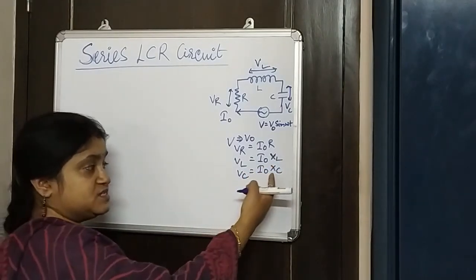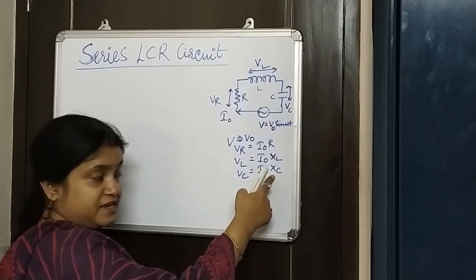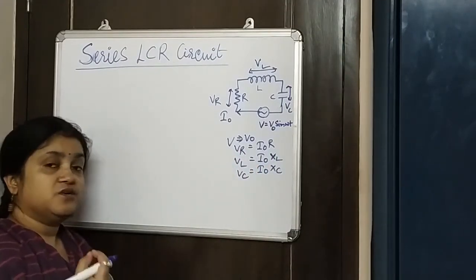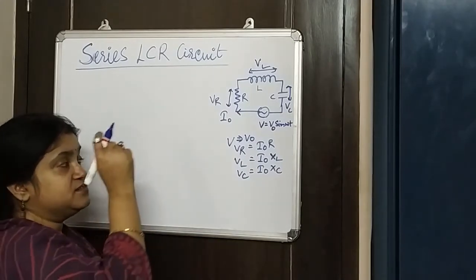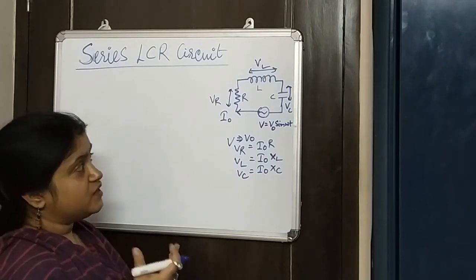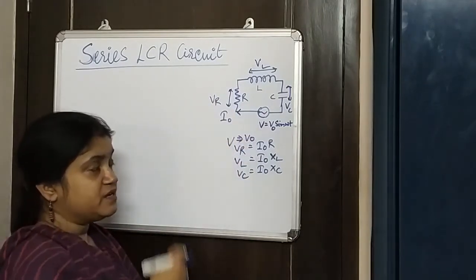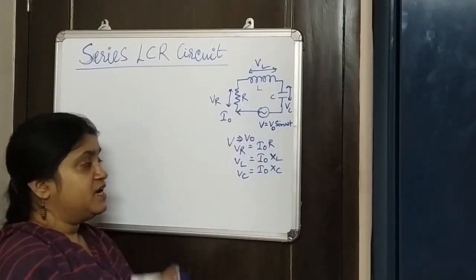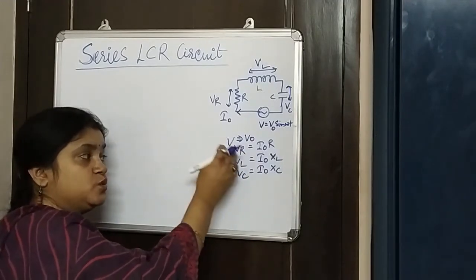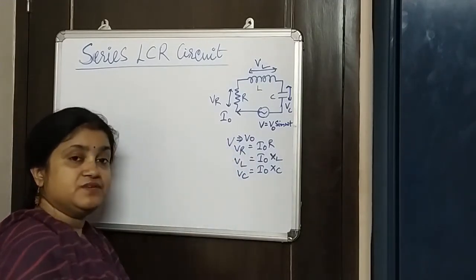This capacitive reactance and inductive reactance, we have seen when we were analyzing the circuit with individual components. But now we are dealing with a combination of all these three, and therefore the voltage drop across each element would be VR, VL and VC.